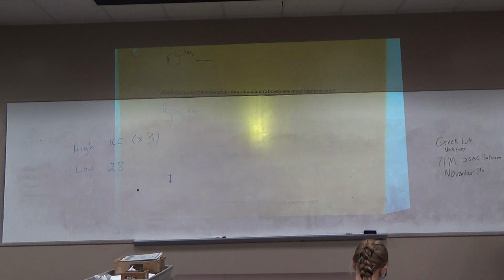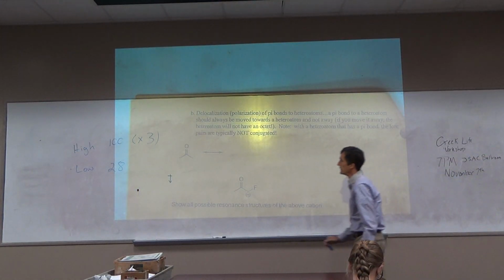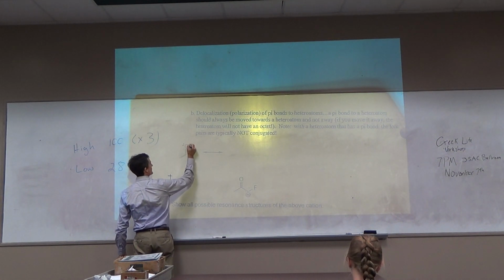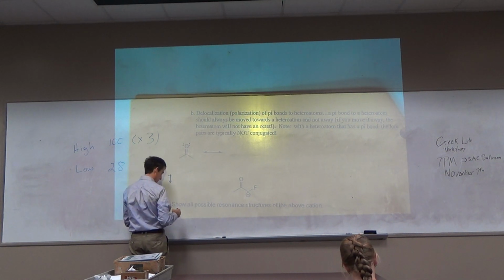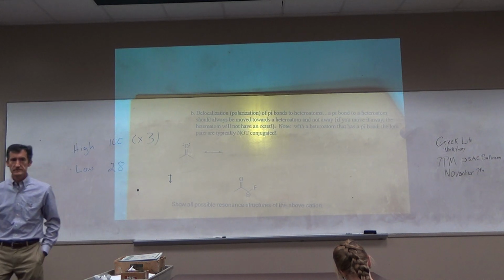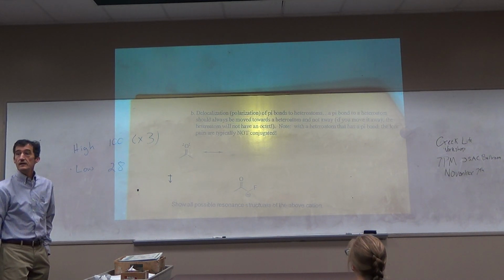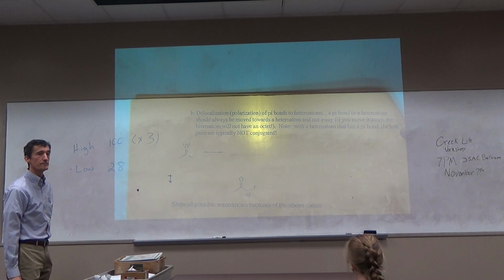Looking at the lone pair. Let's look at B. Acetone. Two lone pairs on oxygen, right? How many electrons in the pi system here? Somebody?